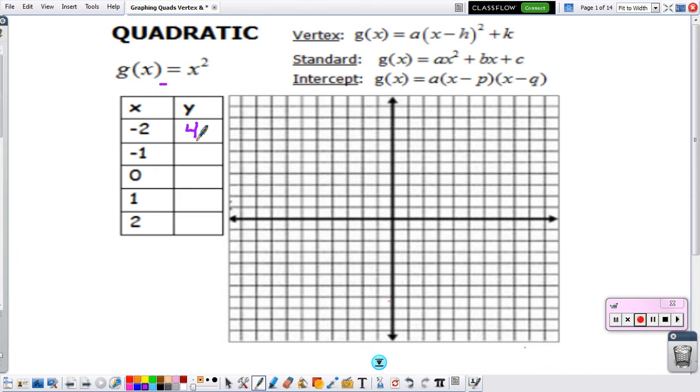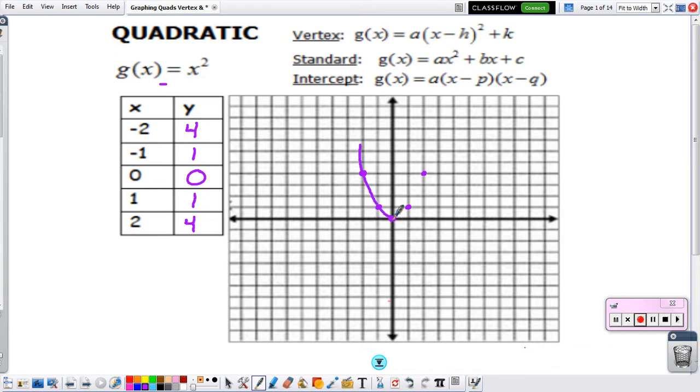When we plug in -1, we get a 1. 0 squared is just 0. 1 squared is just 1. 2 squared is 4. When we go to our graph to graph these, we're at -2, 4, -1, 1, 0, 0, 1, 1, 2, 4.